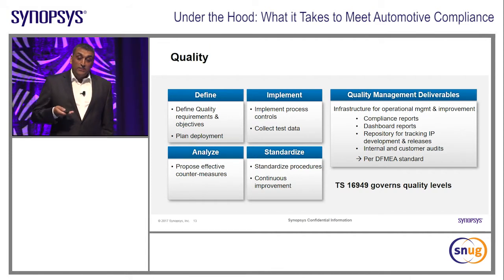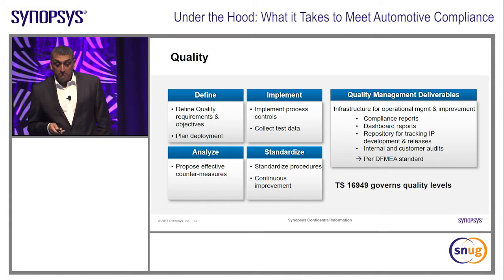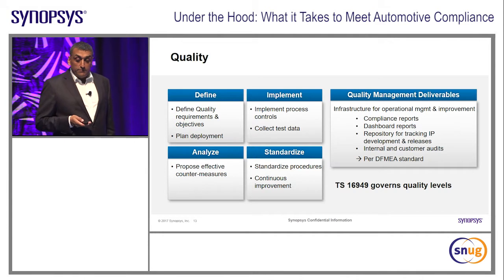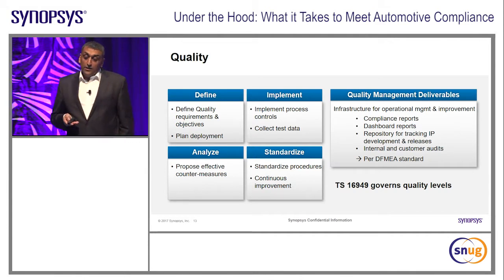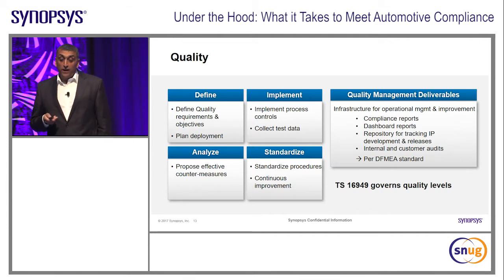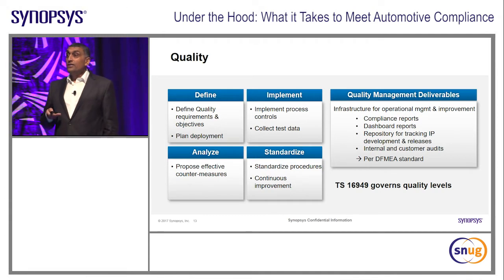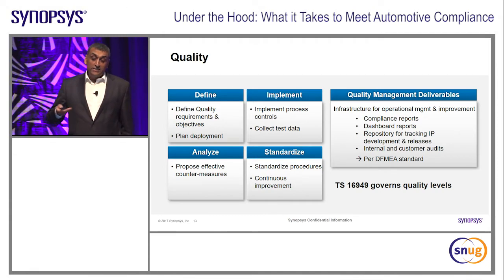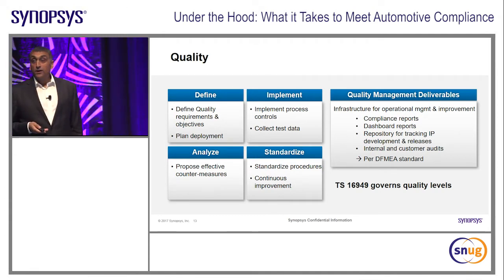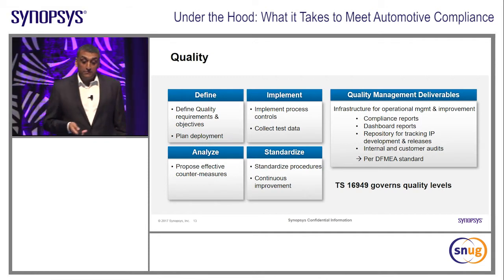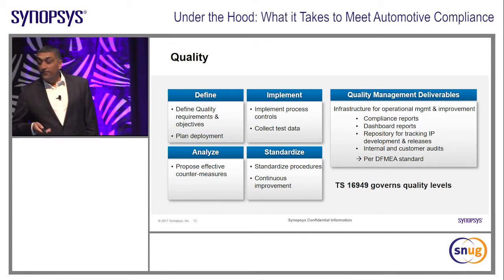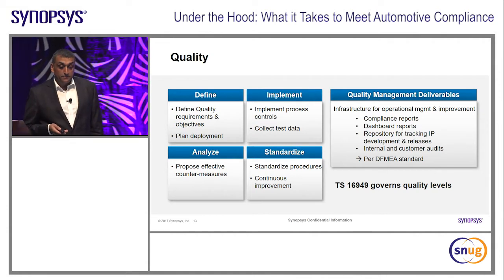You have quality management deliverables. You have an infrastructure that does that in terms of compliance reports. You have dashboard technologies and reports. You have a repository to track all the IP releases, and you can offer internal and external audits per a standard called DFMEA. So DFMEA is Design Failure Mode Effect Analysis.